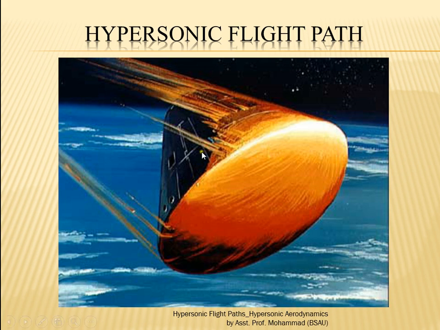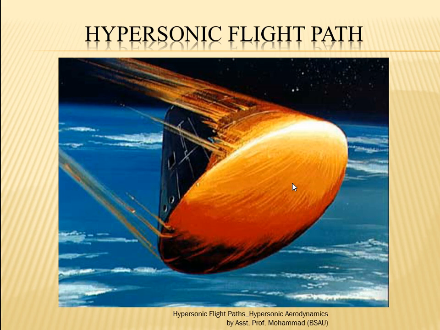See that the flight path is almost perpendicular to the surface, so a very high angle of attack will be there, and this will give a huge drag, and that drag will try to slow down the vehicle. That is what is expected, because it doesn't have any wings, so it will not be able to control.